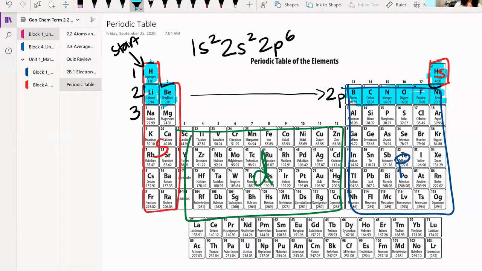And then I keep on going until I reach the desired element that I'm solving for. Here's sodium, number 11. It would be 3, and we're in the S region, and we stop there, 1 electron gets filled. Okay, so that's my answer for sodium. 1s2, 2s2, 2p6, 3s1.